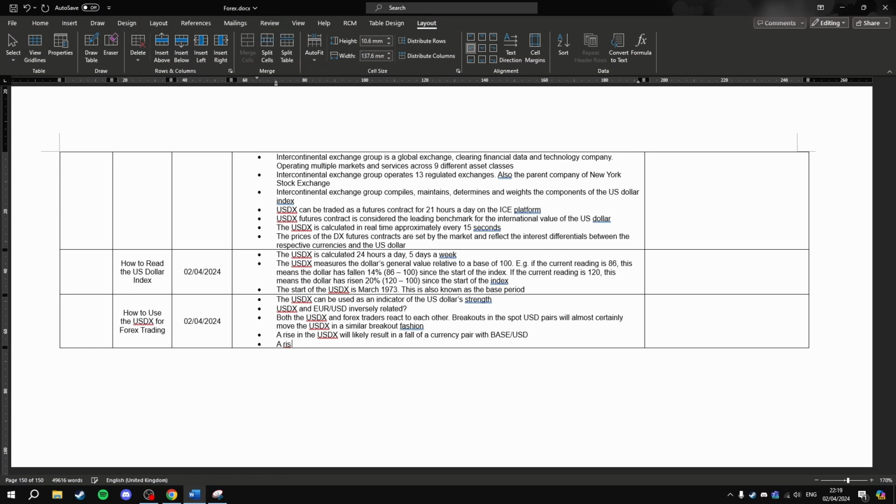A rise in the USDX will likely result in a rise of a currency pair with USD quote.